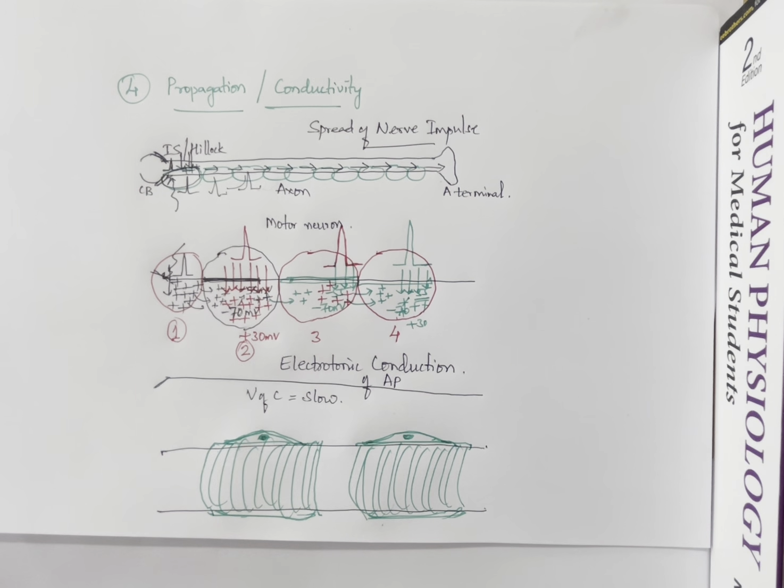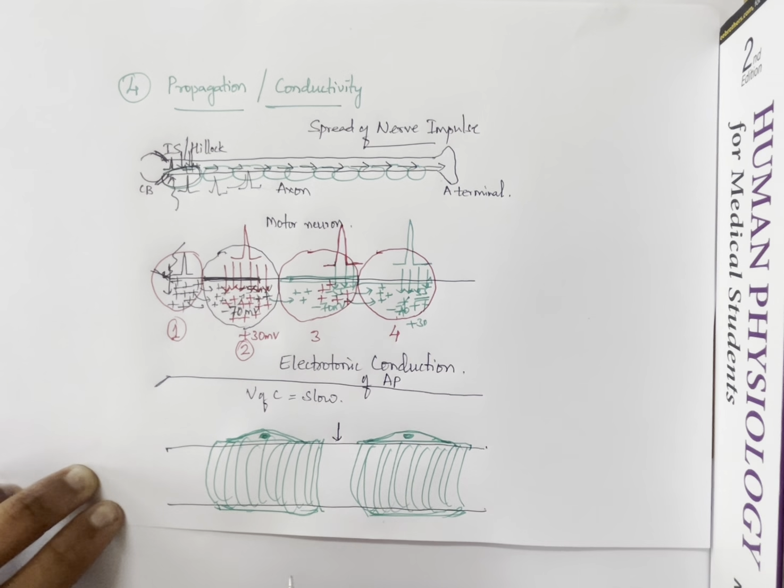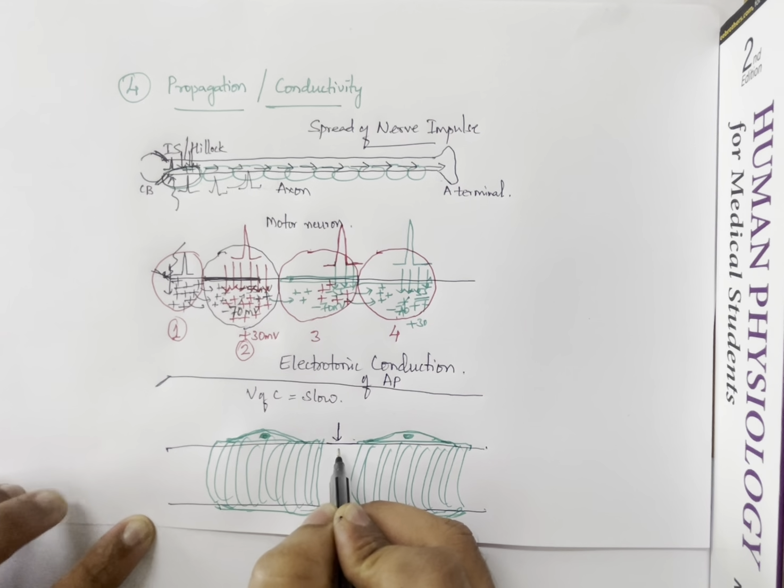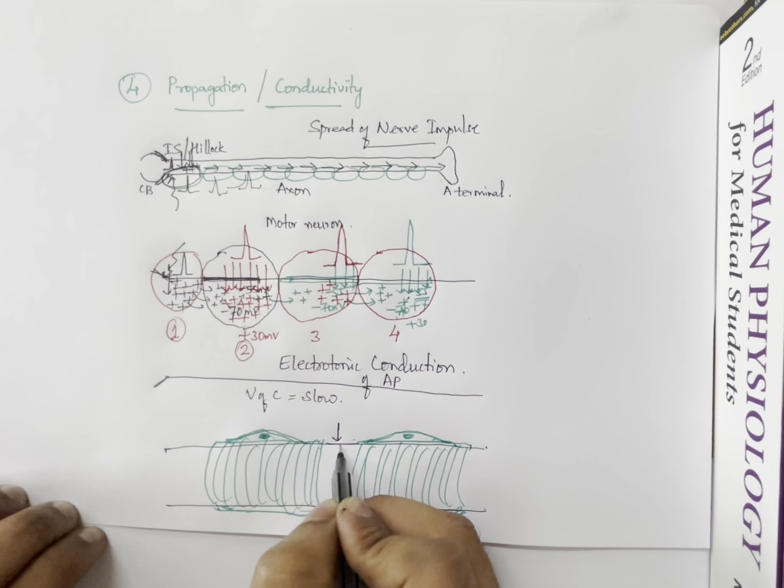Now in between the myelination, we call it the node of Ranvier. So this is the node of Ranvier, and here in this portion there is a higher concentration of voltage gated sodium channels and potassium channels.